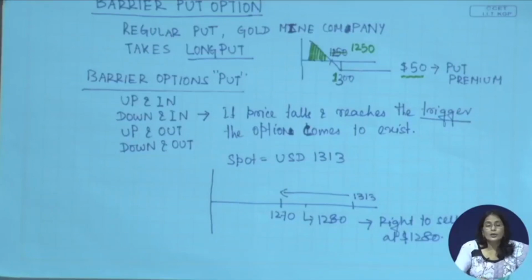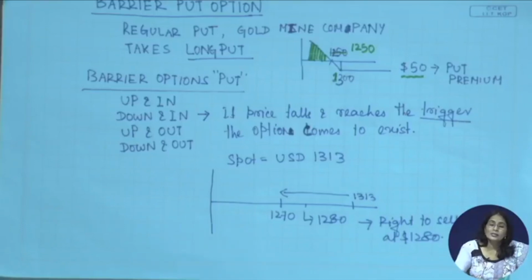Here we are talking about put options because the gold mining company is owning the asset and it is fearing that the price is going to go down, and hence it will be entering into the put contract. And in the put contract it will be entering into down and in. So what is the meaning of up and in? Up and in means if price increases, then the put option comes into existence.